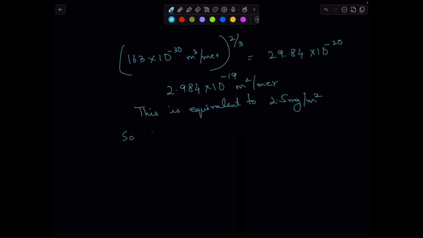So 1 meter squared has 1 over 2.984 times 10 to the negative 19 mers, which is 3.35 times 10 to the 18 mers per meter squared.